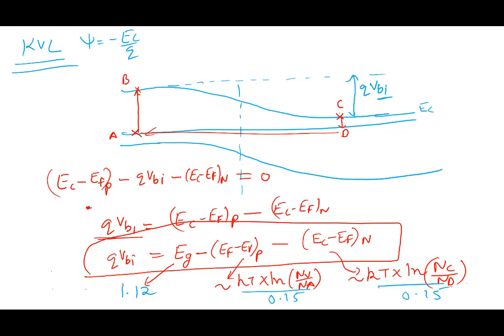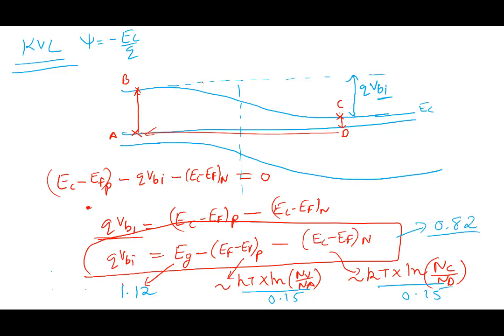So how much do we end up with? 0.82. A typical value of what the built-in voltage is.